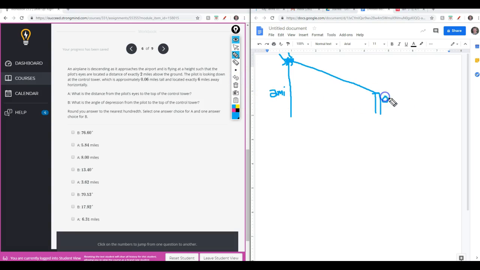It is 0.06 tall. So this whole height is 2 miles. This height is 0.06 miles. Now it says that it is located exactly 6 miles away horizontally. So horizontally, this is 6 miles.